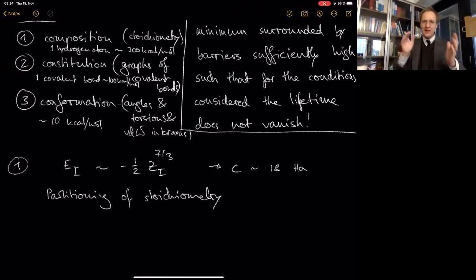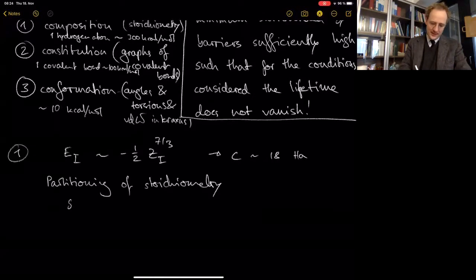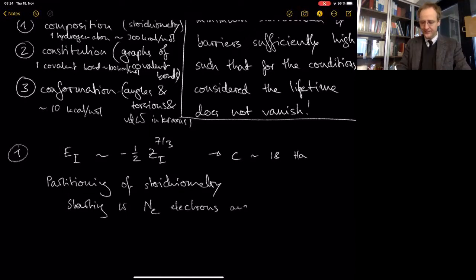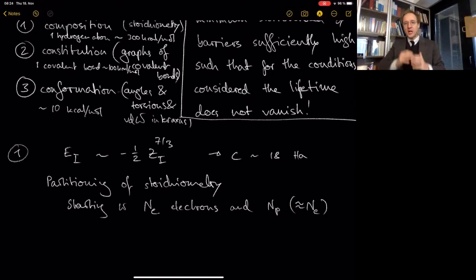So we start out with Ne electrons, and Np protons, typically similar to the number of electrons, because if the charge is too large, you will have unstable systems.